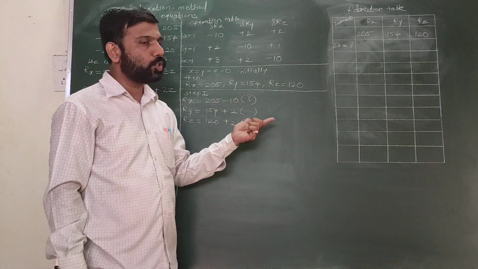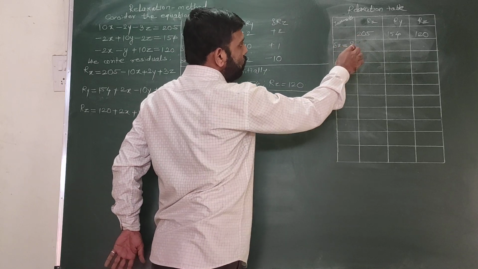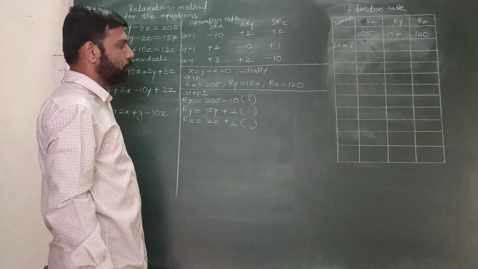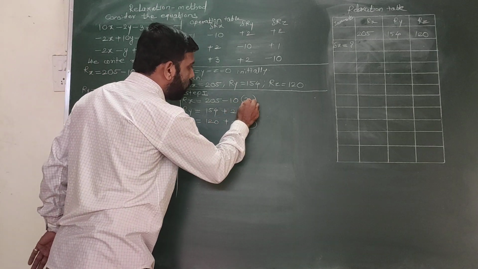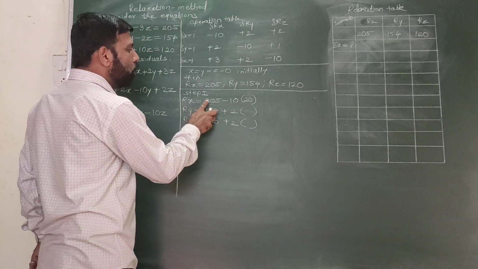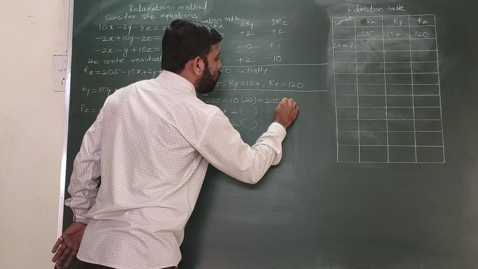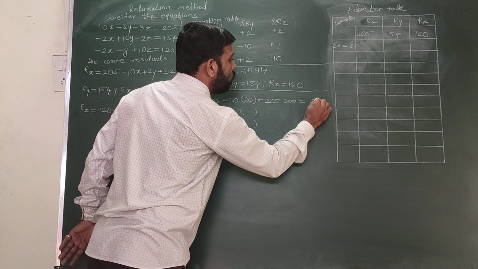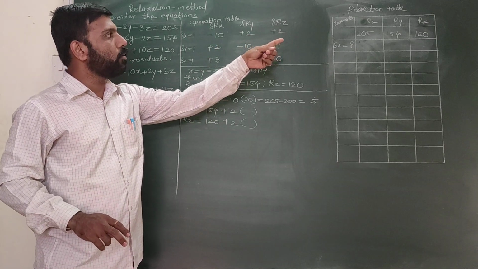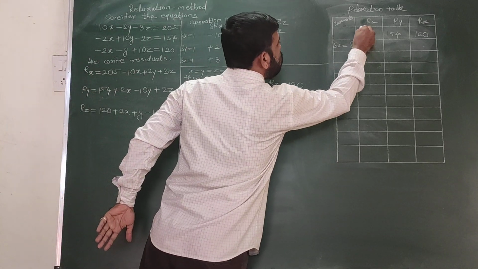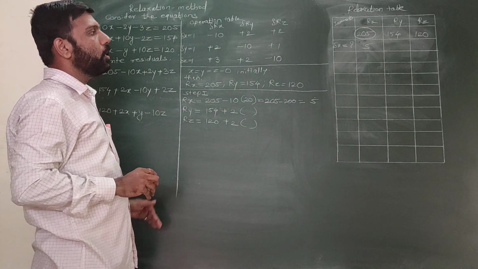The increment we have to choose like this: this 205 becomes nearer to 0 or becomes exactly 0. So right now I consider here the increment for the x variable, suppose 20. The calculation becomes 205 minus 200 is equal to 5. So this greatest number, 205, we reduce to 5, which is nearer to 0, but not exactly 0.